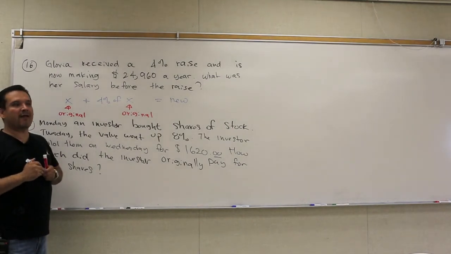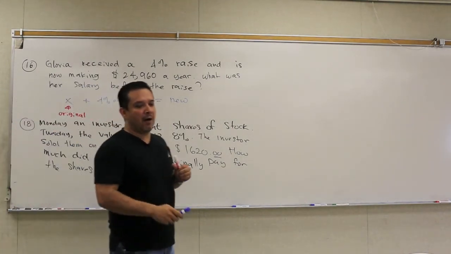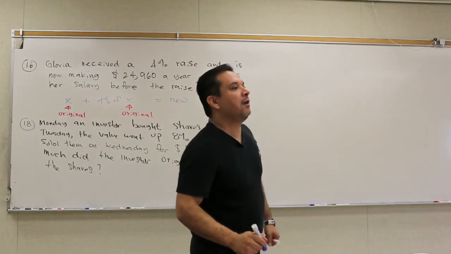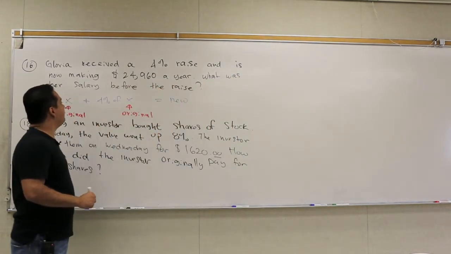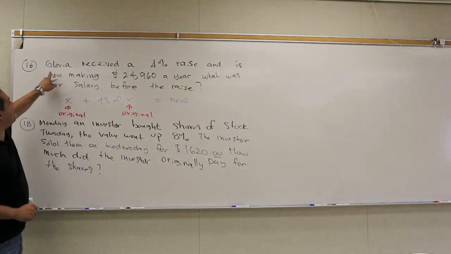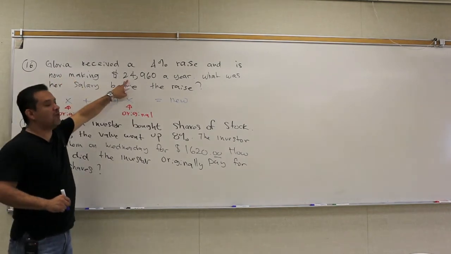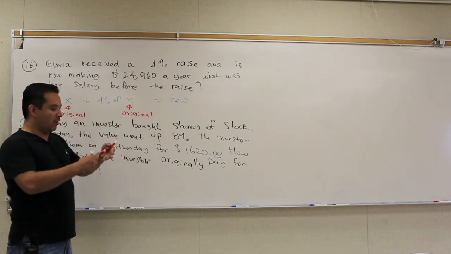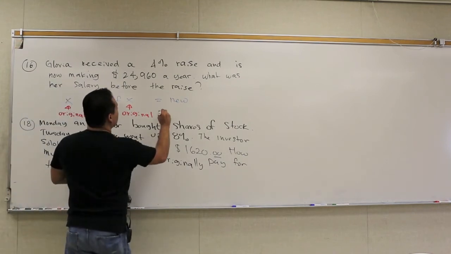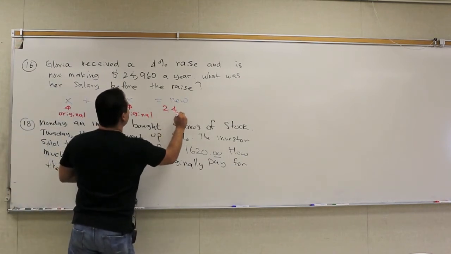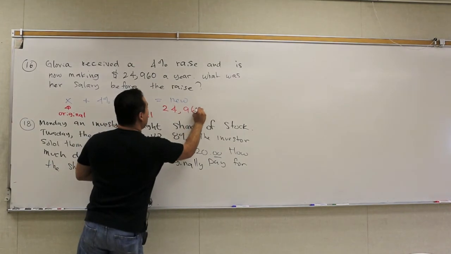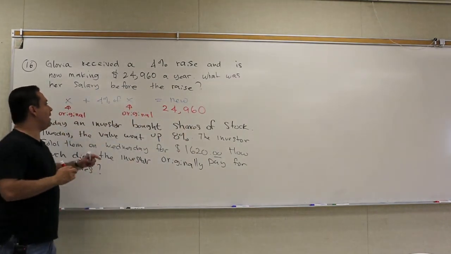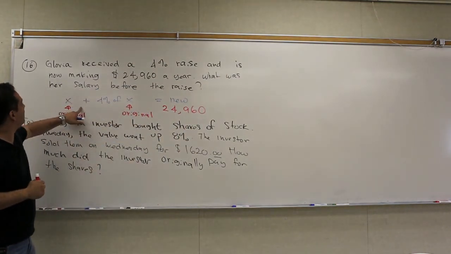So we kind of wrote that format down last time. But notice here, in this model, what did they give you? They said she's now making $24,960. If she's now making that money, was that the original amount she made or the new amount? New. Okay, good. So this is going to be $24,960. Now what is X going to represent here?